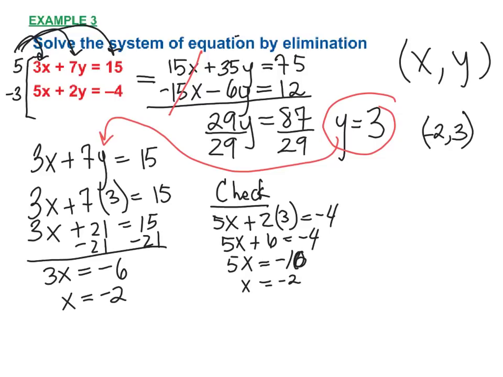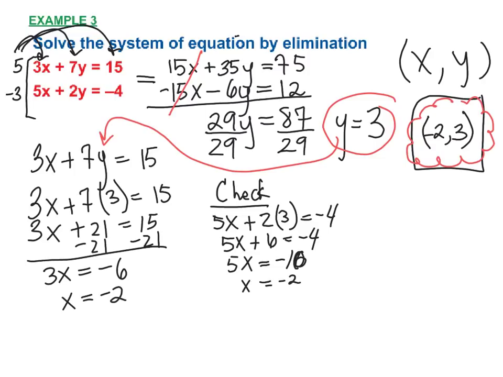Yes, I get a -2. So it works for both equations. So my final answer, my point of intersection, when I solve the system of equations, is -2, comma 3.